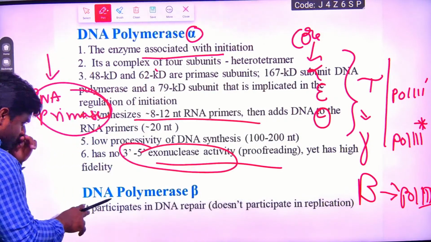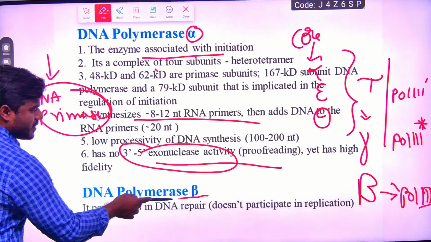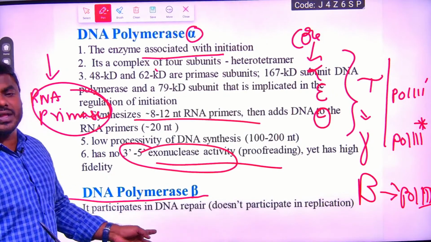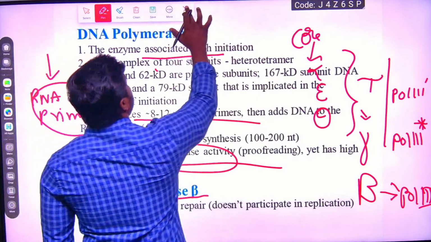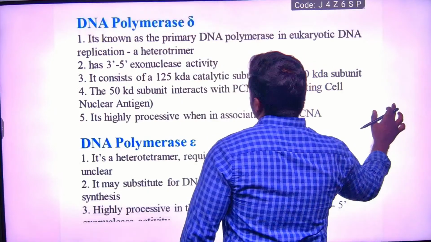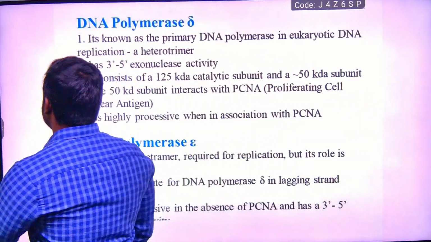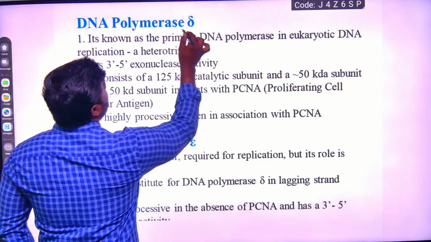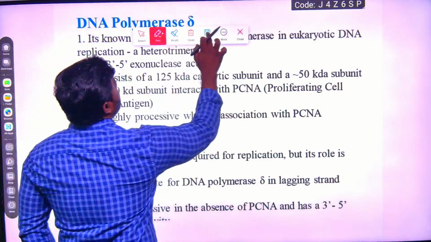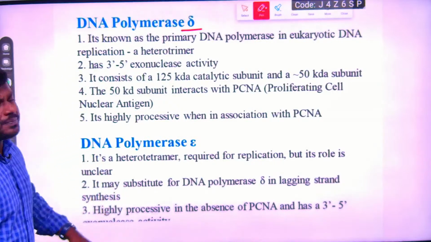And if you look at polymerase beta, it is never involved in replication. Its ultimate function is what? Only repair. No point in getting confused there. So the most principal enzyme in eukaryotic DNA replication is what? Obviously polymerase delta, correct? No point of confusion at all.